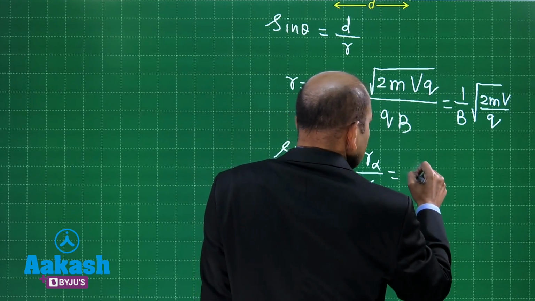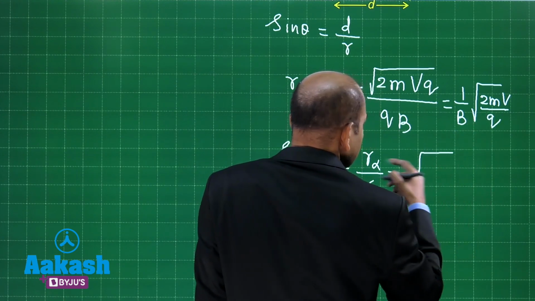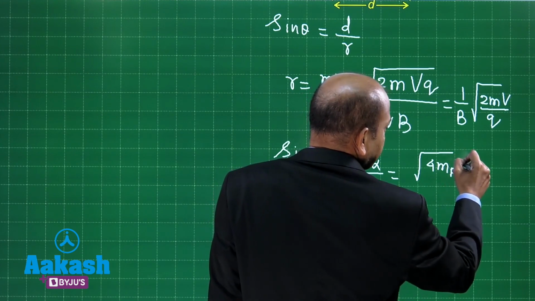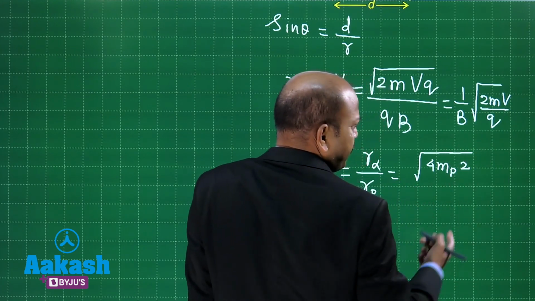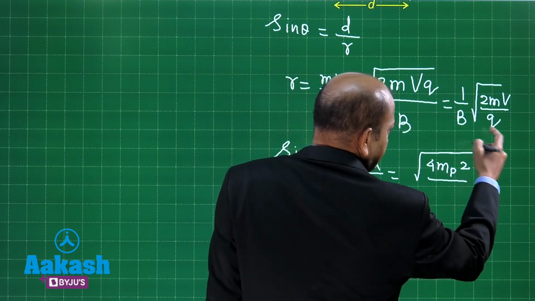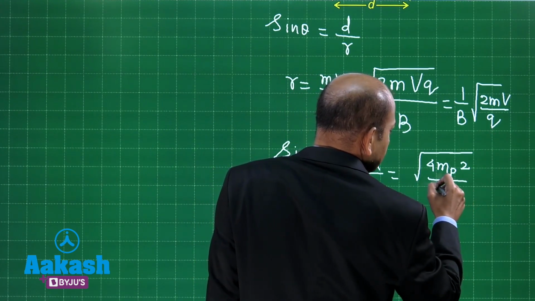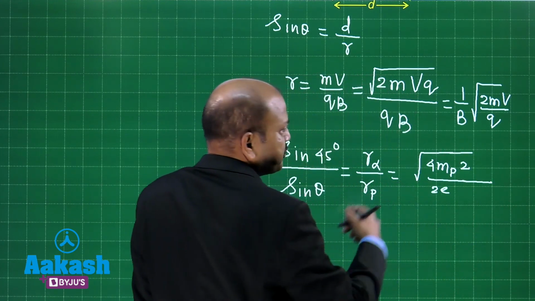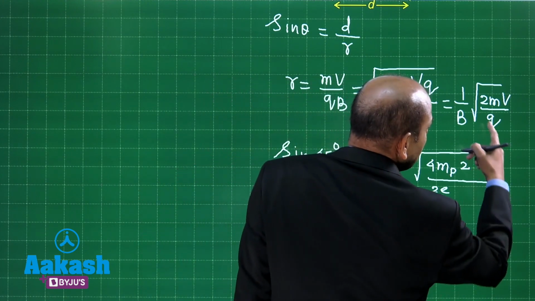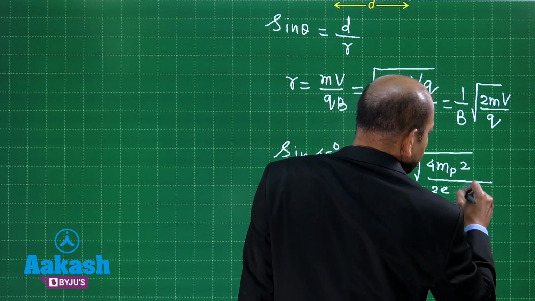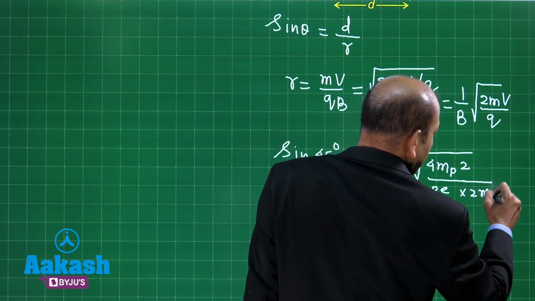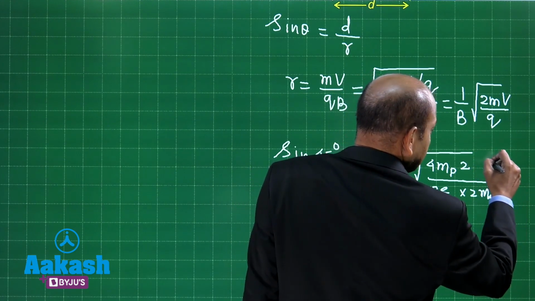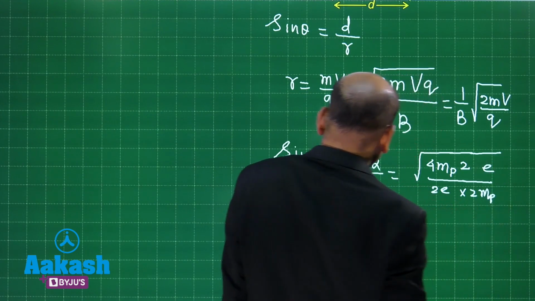So, this is equal to the square root of the mass of the alpha particle, which is 4 times the mass of the proton, and of course, there is a factor of 2 also. So, let us put that 2 also. We will get it cancelled. The charge of the alpha particle is 2 times e, and then in the denominator we put expressions for the proton, which is: mass is the mass of the proton, so this is 2 times the mass of the proton, and then in the numerator the charge of the proton, which is e. All right.